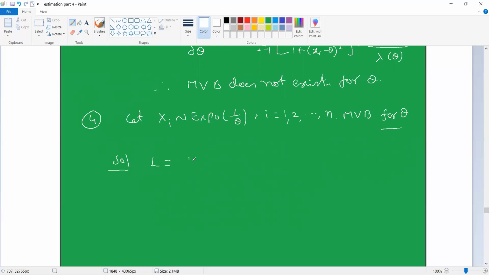The likelihood function is product i is equal to 1 to n of 1 by theta into e power minus xi by theta, that is equal to 1 by theta power n into e power minus summation xi by theta.